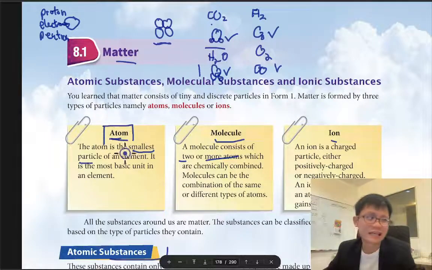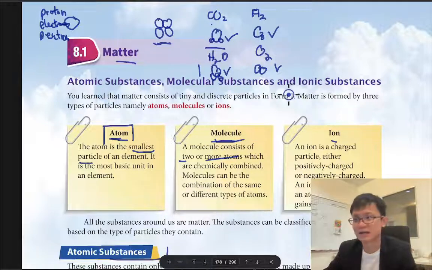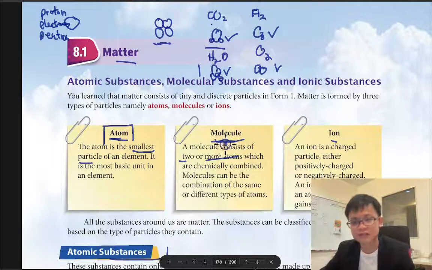Like atom is a human being, but molecule is, let's say, a student. So yes, a student is a human being, but a human being is not necessarily a student.